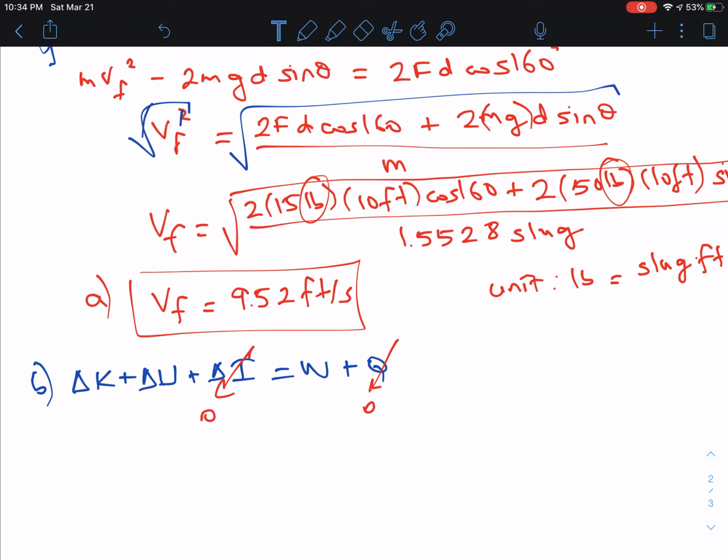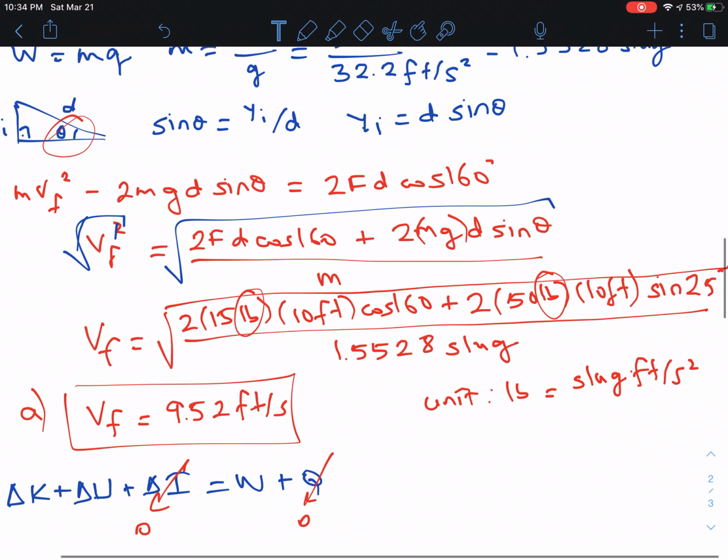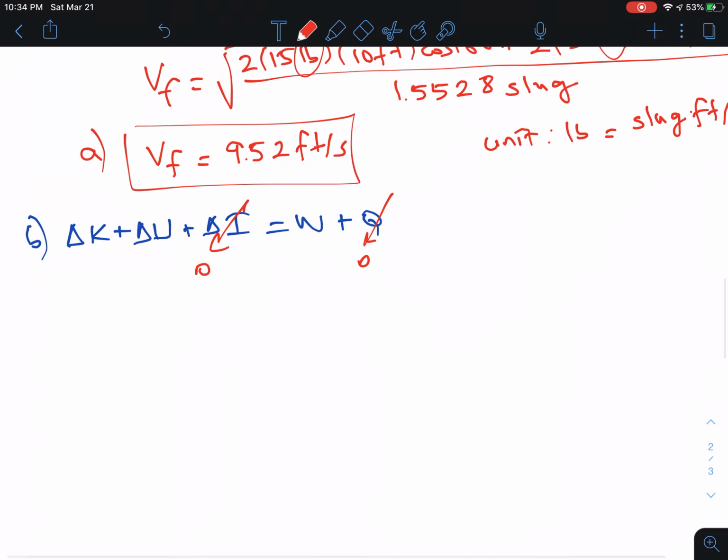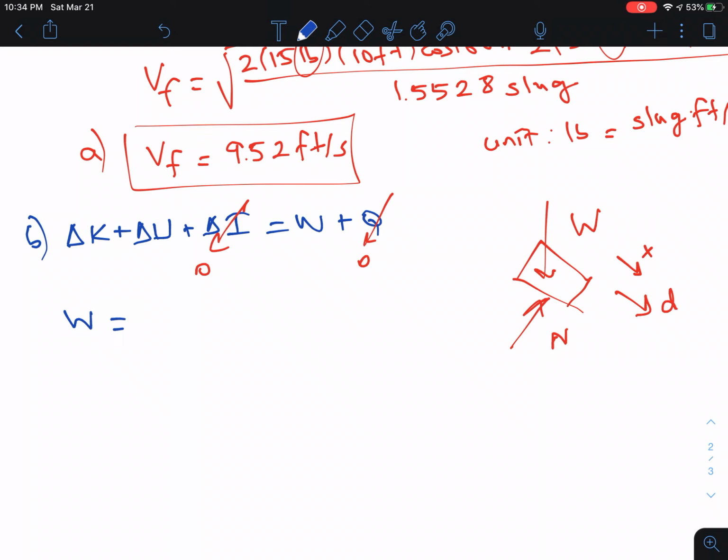The work done term is going to have only, so if we draw the box again, there is weight force downward, and now the normal force only, right? And remember that it goes this direction, so that's kind of a displacement direction. And we also said that this is our x. So there's no more F, and the work term has only two pieces. Work done by weight force and work done by the normal force.